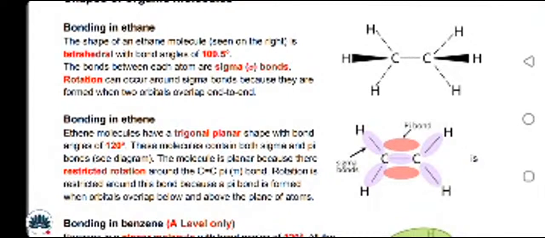The molecule is planar because there is restricted rotation around the carbon double bond. Rotation is restricted around this bond because a pi bond is formed when orbitals overlap below and above the plane of the atoms. And bonding in benzene, okay, so this is for A levels, A2 levels.